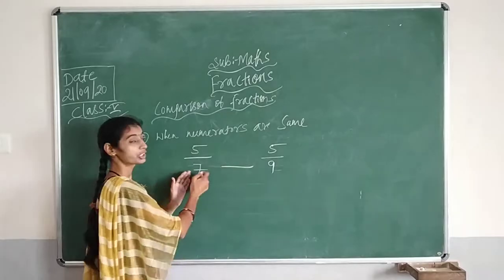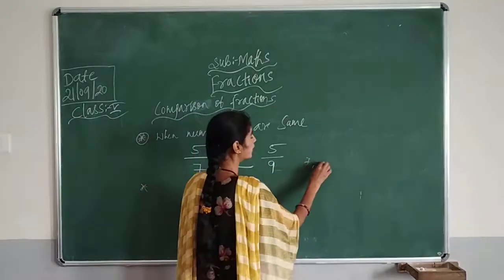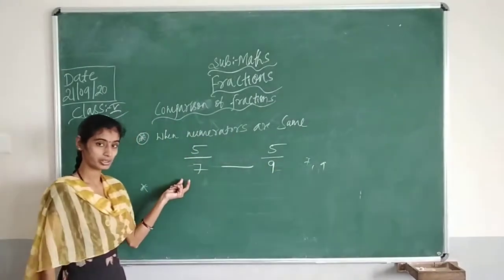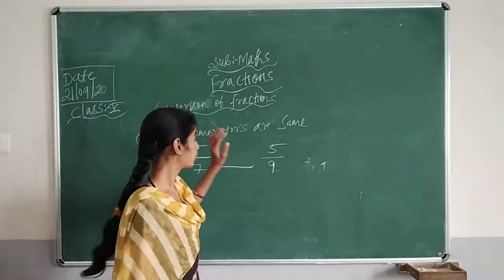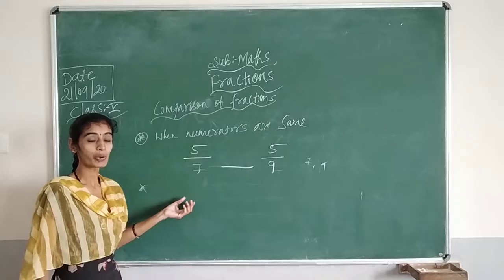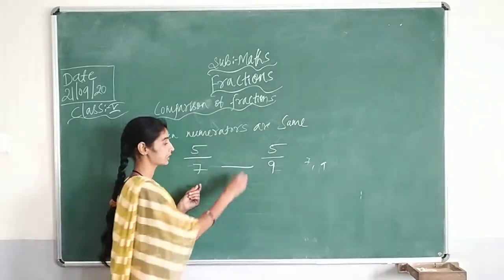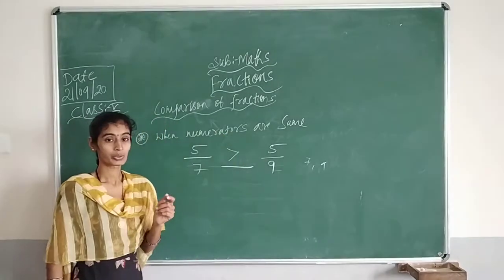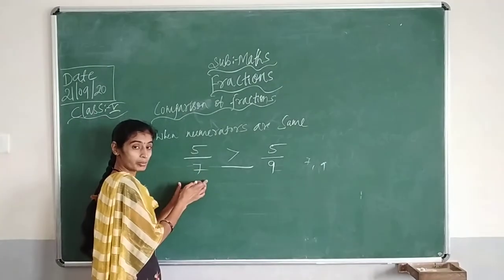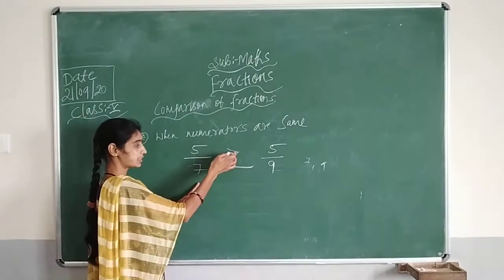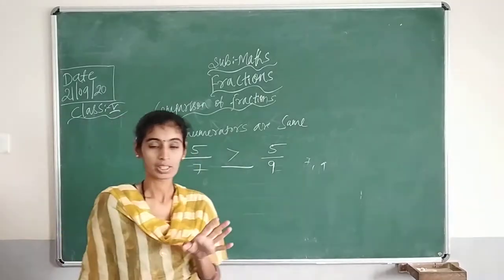The values of the denominator are 7 and 9. When numerators are same, you choose the smaller denominator as the greater fraction. Wherever the denominator value is less, that is where you make the open angle.